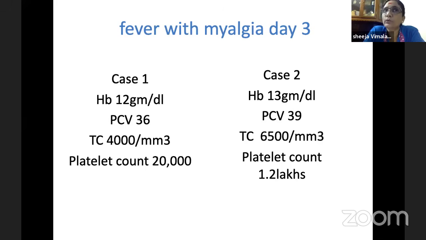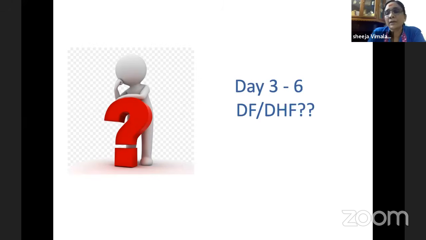Or what do you do when you get a child between 3 to 5 days? That is a time when you are expecting the dengue complications to develop. What are you expected to do? Between day 3 to 6, our primary job is to find out: is the child having a simple dengue fever or a dengue hemorrhagic fever? Remember, children with dengue fever will have thrombocytopenia but will not have a capillary leak, and they do not progress to shock.